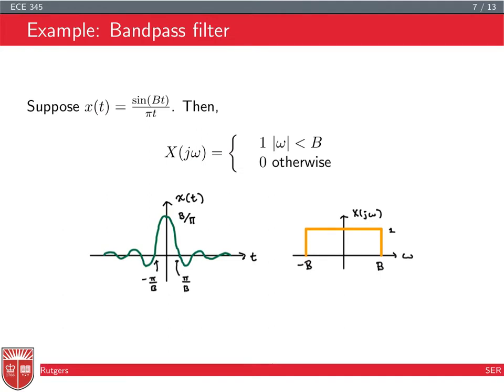As an example of duality, let's take the following example of how to get the impulse response of a bandpass filter from a low-pass filter. Just to remind you, a low-pass filter looks something like this in the frequency domain. It's a box in the interval minus b to plus b.